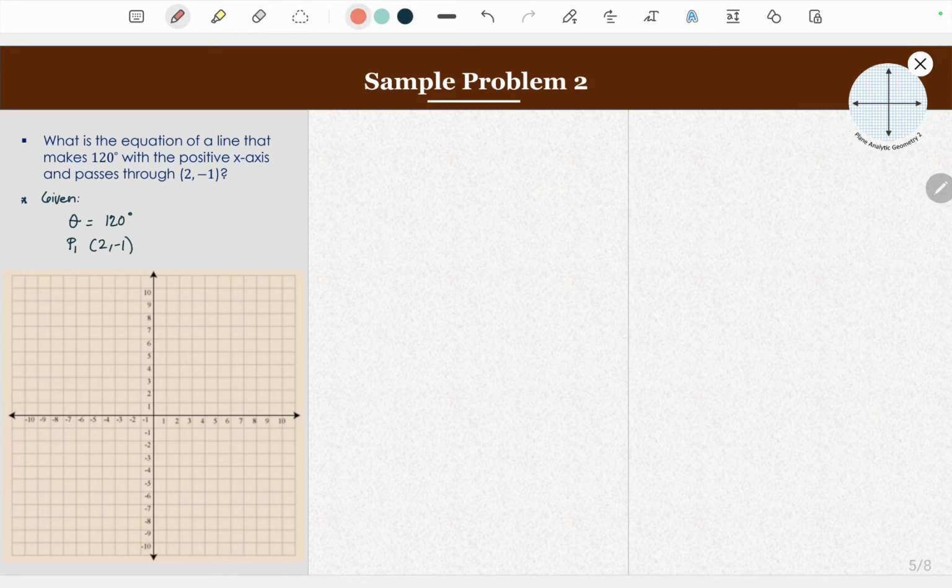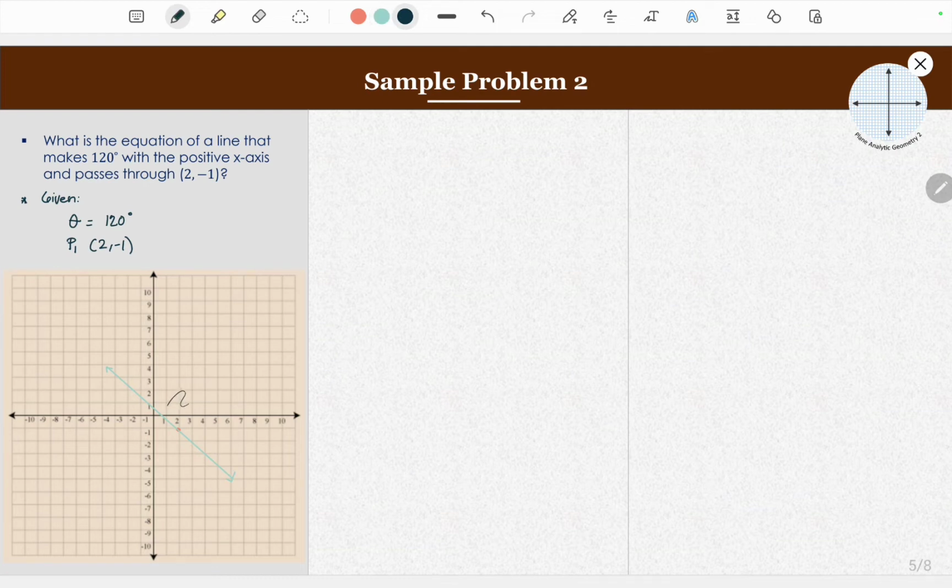Let's plot this point here. So this is (2, -1), and it is 120 degrees with respect to the positive x-axis. So where is the angle here?